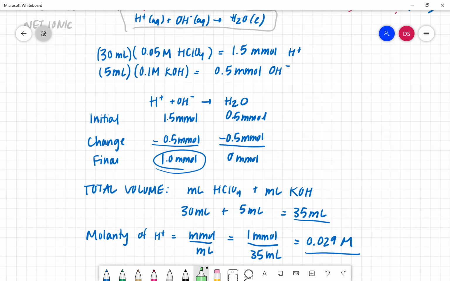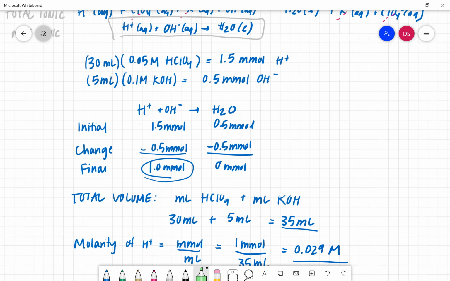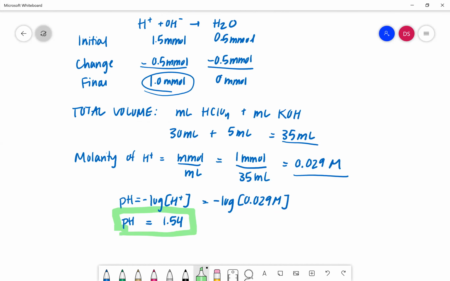Looking back at what we were answering, when 5 milliliters of 0.1 molar potassium hydroxide is added, we get a pH of 1.5. And this is more than our initial pH before adding any base, which was 1.3. So we can tell that the pH is increasing as the base is being added. So I'm going to write that.